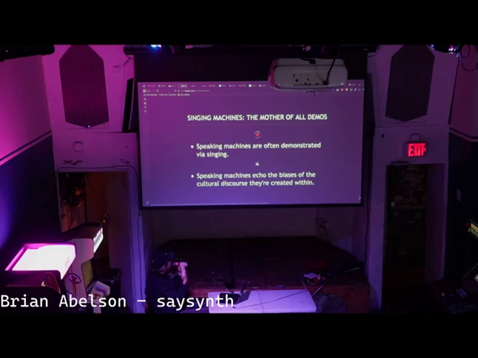Now, most of these AI assistants are voiced by women, have female-like voices, again replicating this idea that these technologies seem less threatening when they have a female visage.